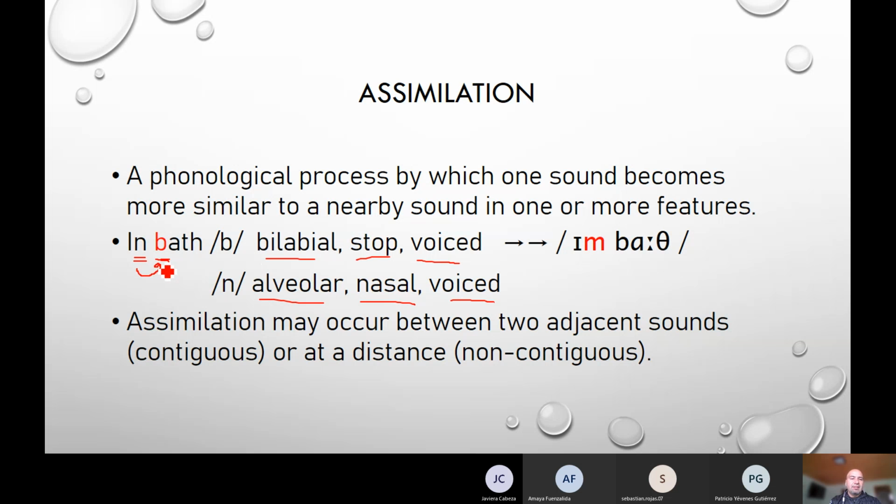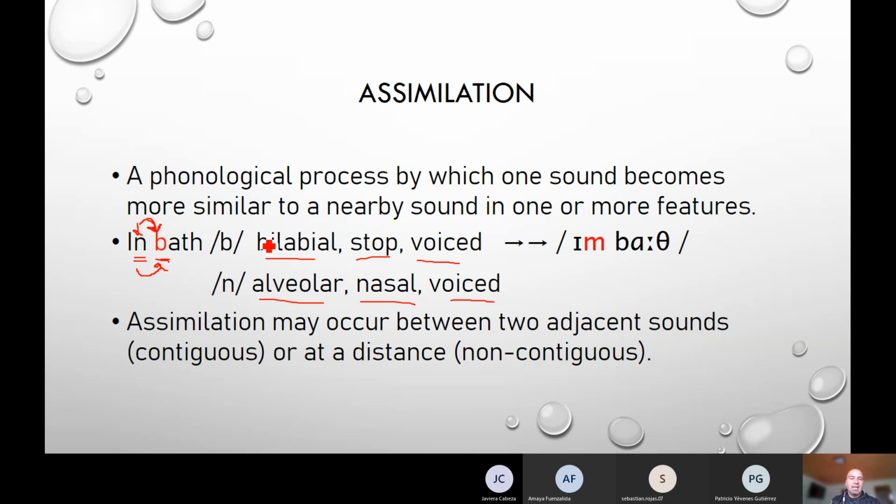So instead of producing an alveolar sound exactly as an alveolar sound, the lips are getting ready for this sound. So this sound becomes similar to the following one.